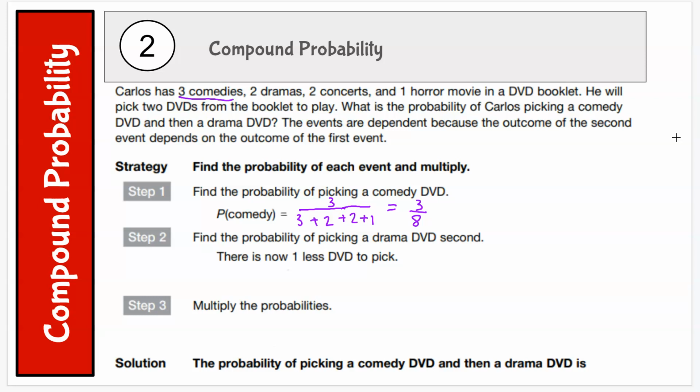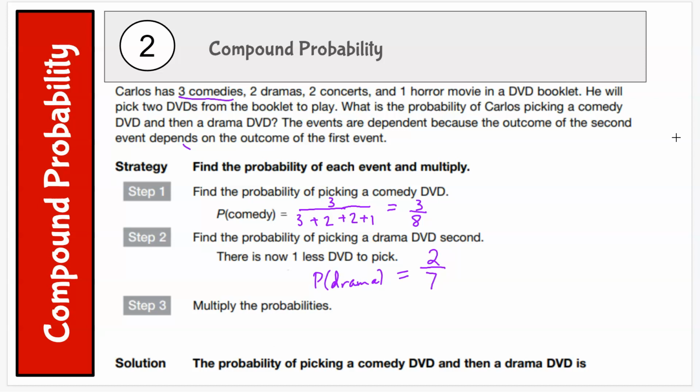But now he has picked the comedy out, which means there's 1 less DVD there to pick from when he chooses that second option, that drama DVD. So there were 2 dramas, but now we have 1 less DVD to pick from. So there's only a 2 out of 7 chance he's going to draw that drama.